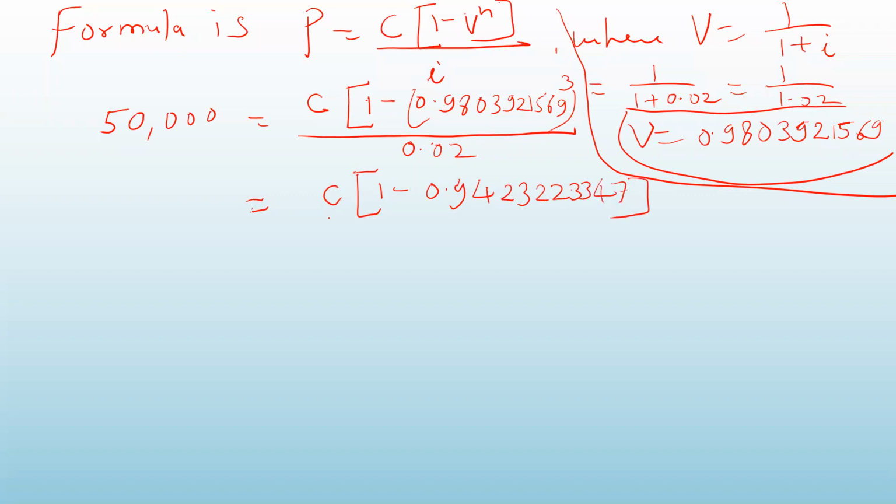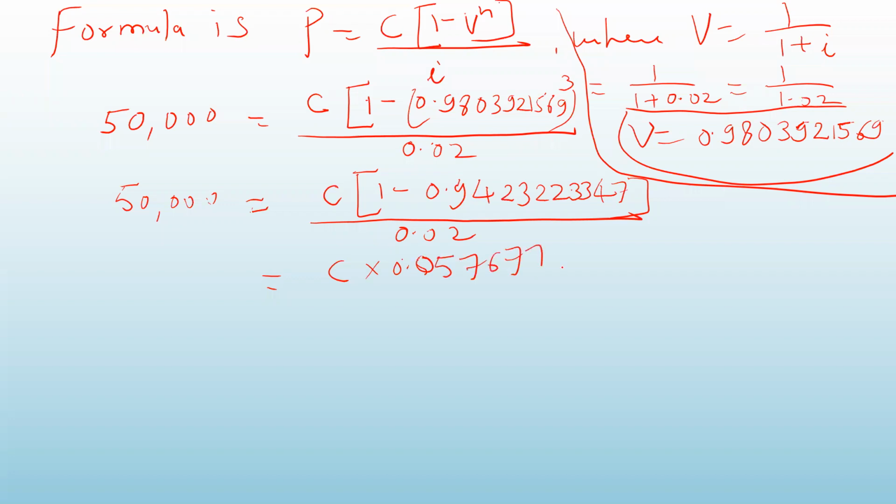Divided by 0.02, and here it is 50,000. In the next step, you can subtract this number from 1, so you will get 0.0576776665.